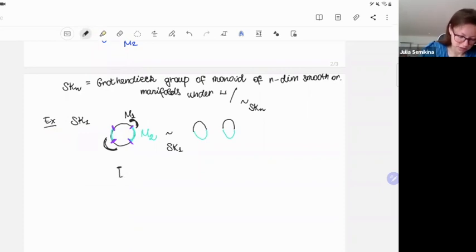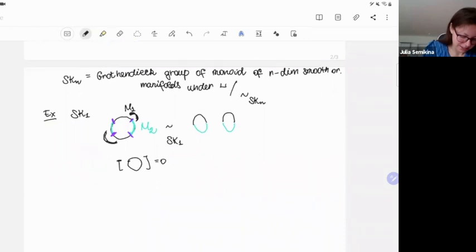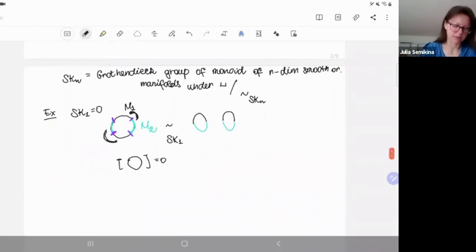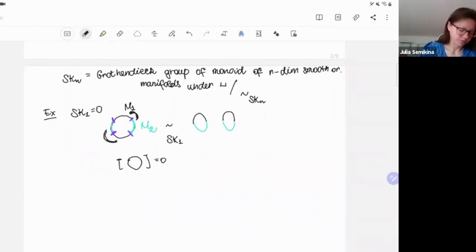So the class of the circle is just 0. It looks like a tautology, but it's something meaningful. So SK1 as a group is trivial. And actually all SKN groups are not trivial, but they are known. If n is odd, then they are trivial, as we saw for SK1.